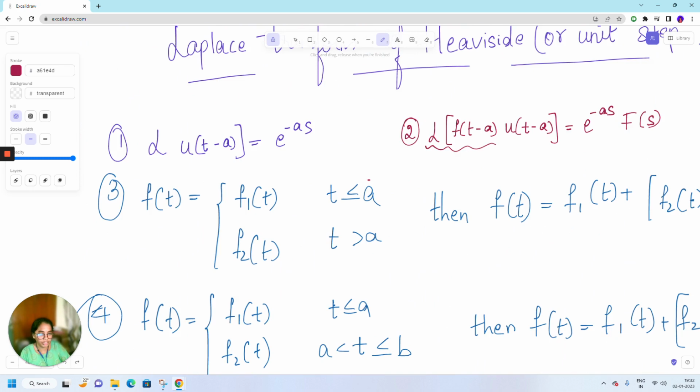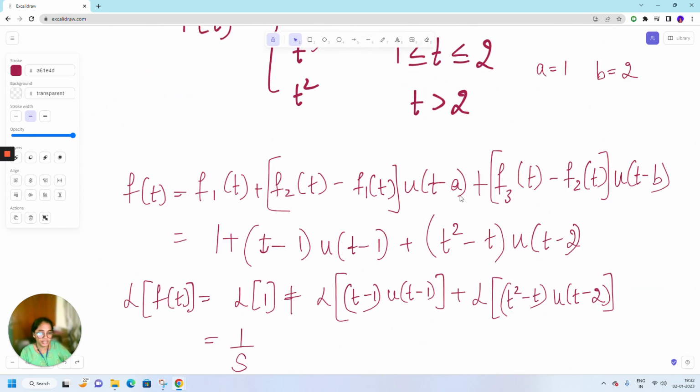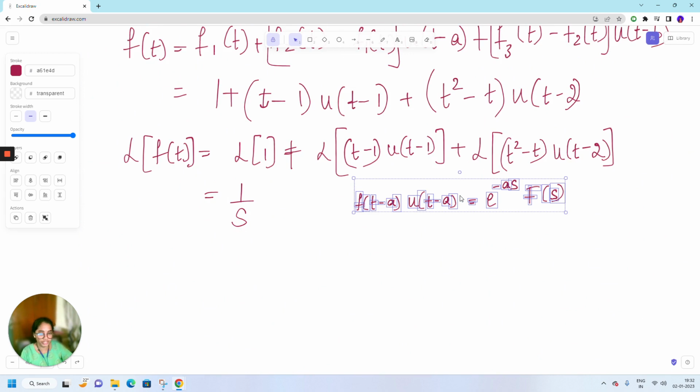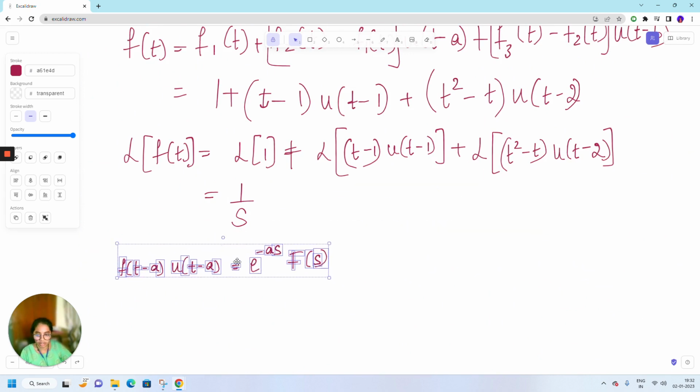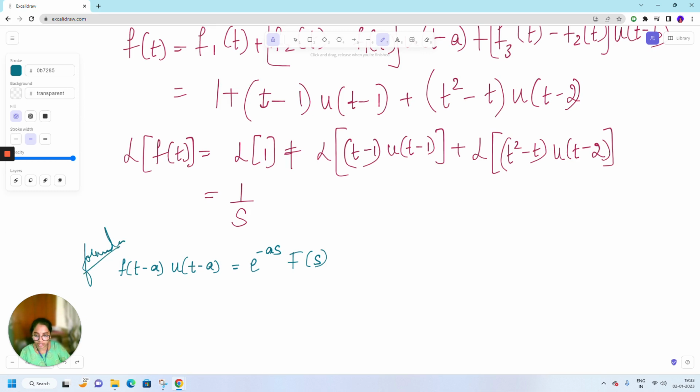Laplace of f of t minus a into u of t minus a is equal to e power minus as into f of s. This is our formula. Let me apply this formula for this function and this function.